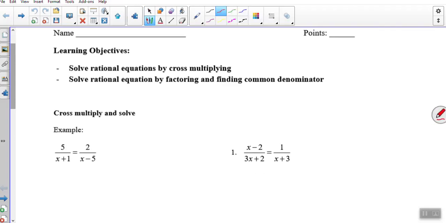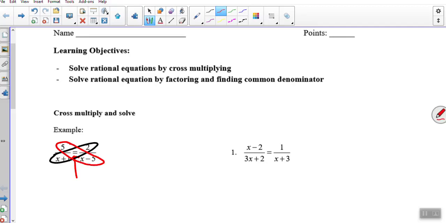Okay? So again, you can only do this when you've got an equation. Cross multiplying means we're taking those two and multiplying them together and these two and multiplying them together.